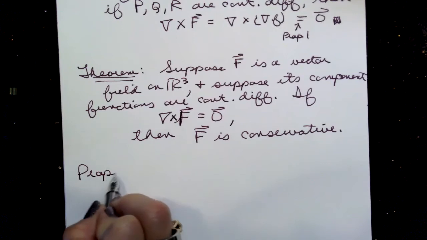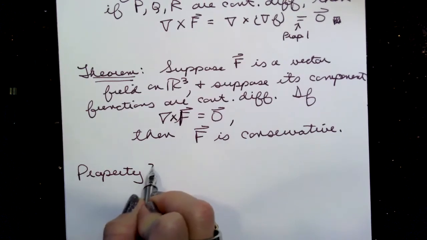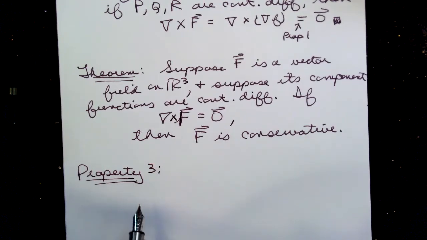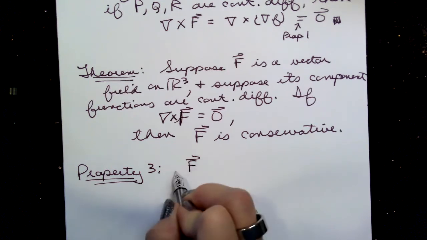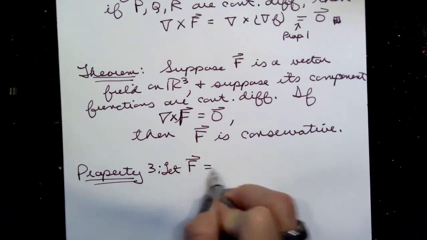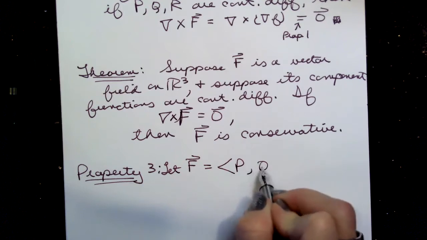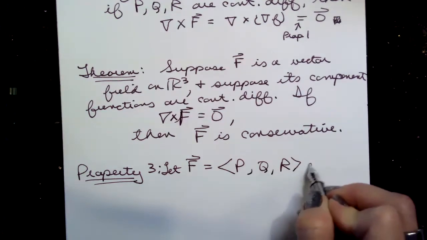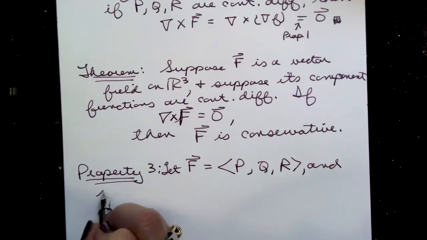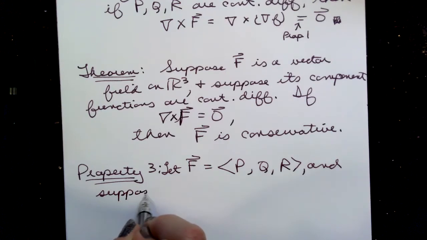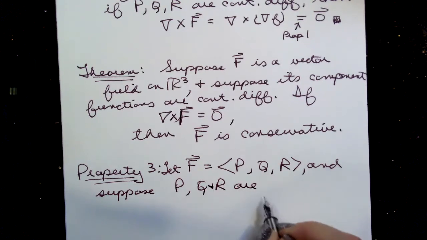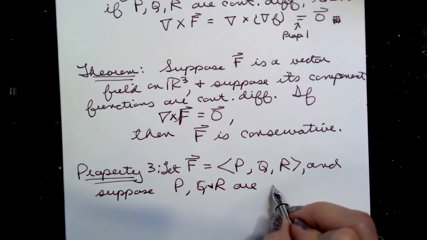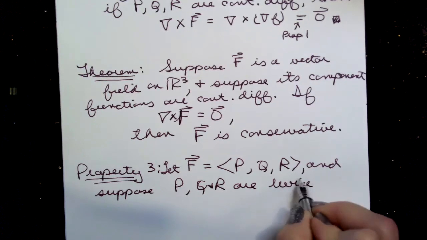Let me switch to some properties of divergence. So let's say this is property 3. Again, let F be the vector field P, Q, R, and suppose P, Q, and R are twice continuously differentiable.